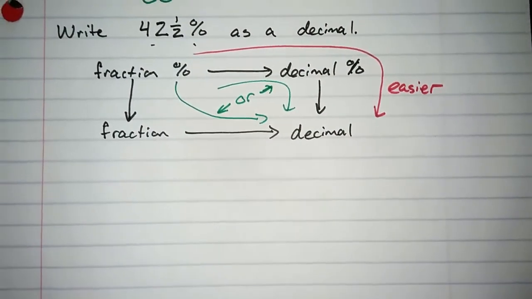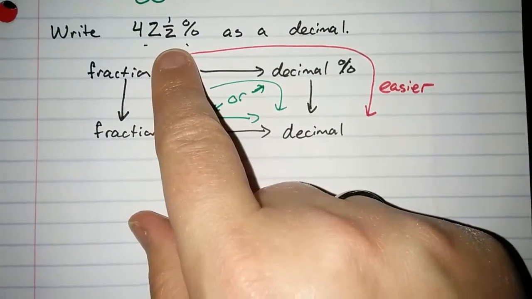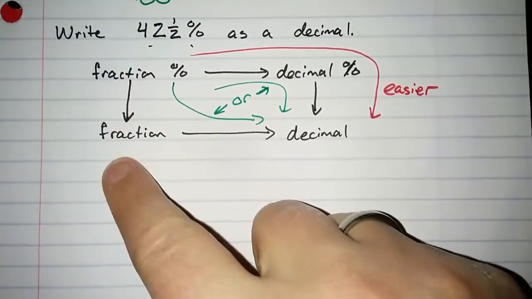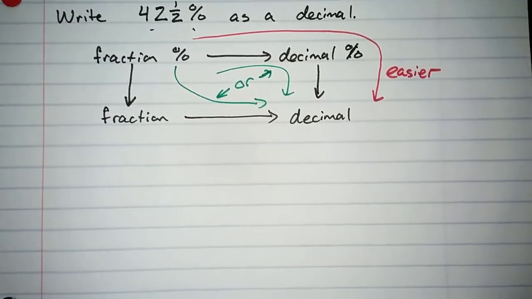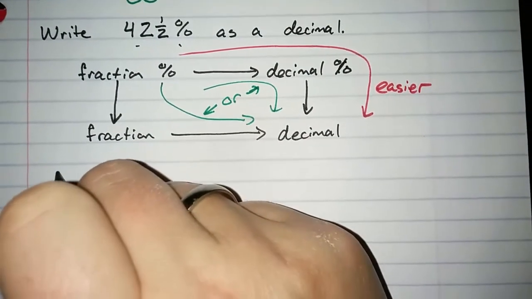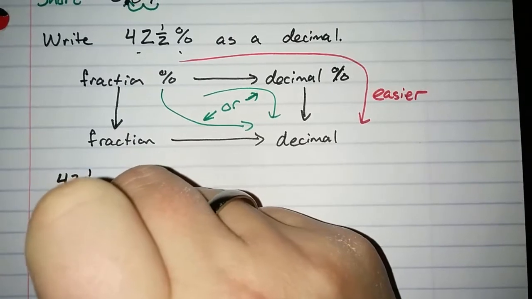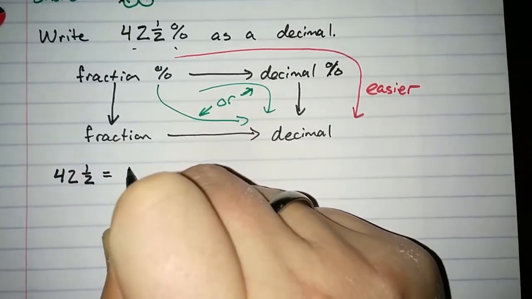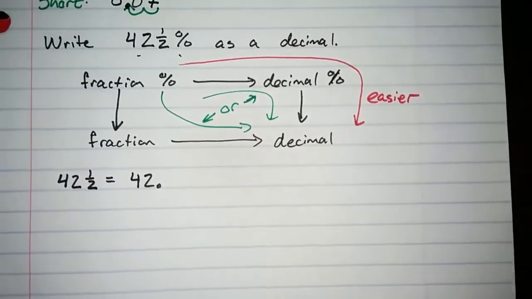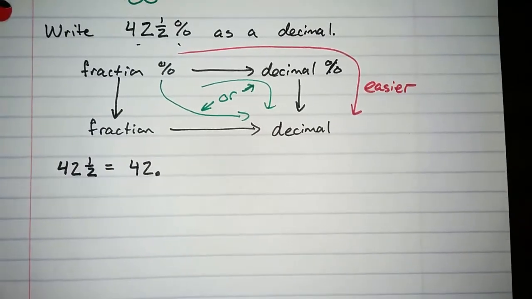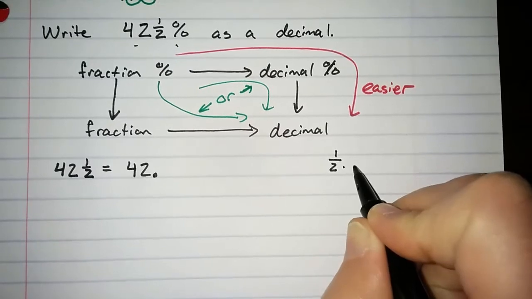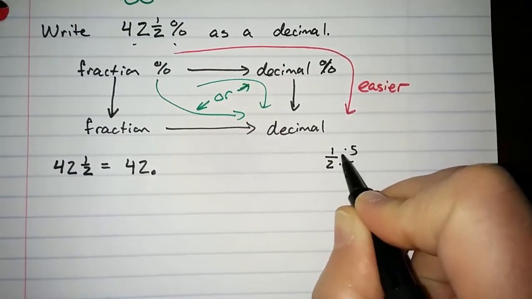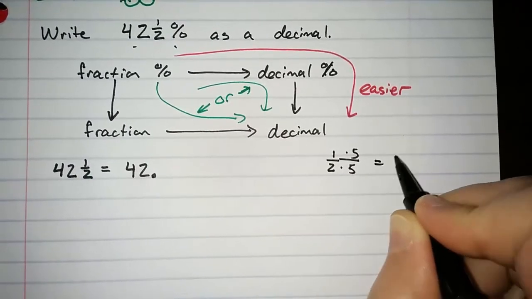Why is it easier? Because the denominator is smaller in this fraction than it will be in this fraction, most likely. So I'm going to say 42.5. That's going to be 42 point something. Point what? Well, I could say that 1/2, multiply the numerator and denominator by 5.